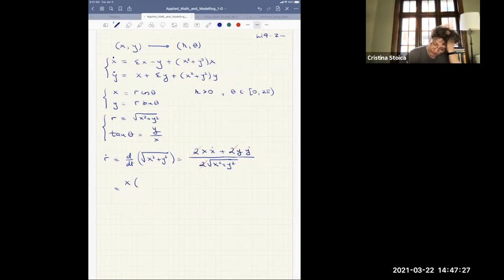Okay, and x dot is epsilon x minus y plus, now I'm going to mix the notation, but it's okay, r squared x plus y, x plus epsilon y plus r squared y, everything over 2r, right?